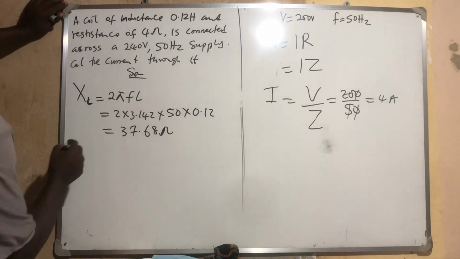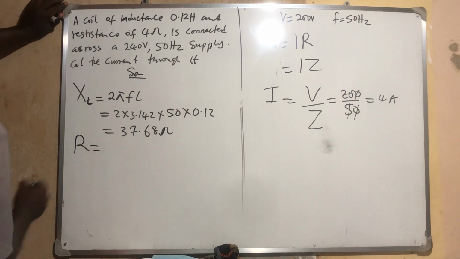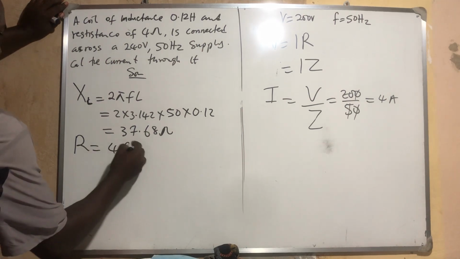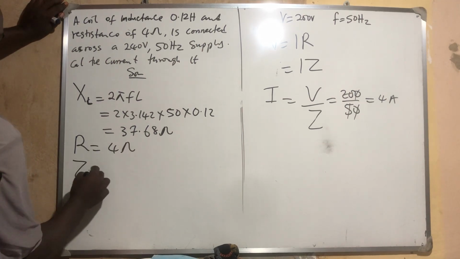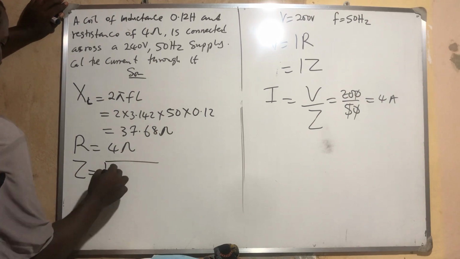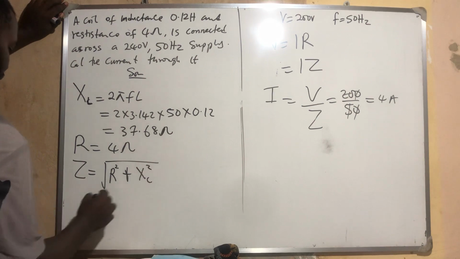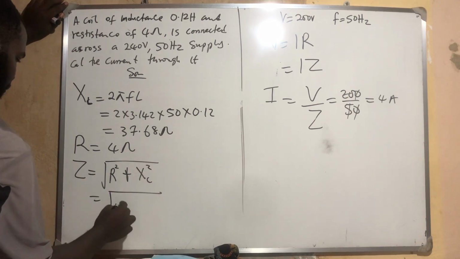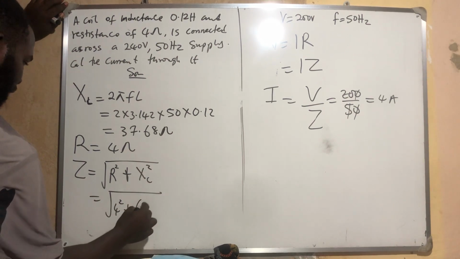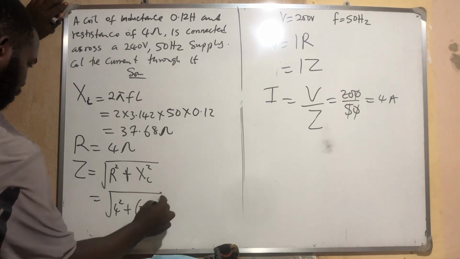Now I need my impedance because they gave me the resistor as 4 ohms. So my impedance Z is equal to the square root of R squared plus your XL squared, which is the square root of 4 squared plus 37.68 all squared.